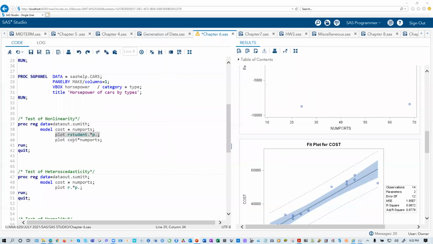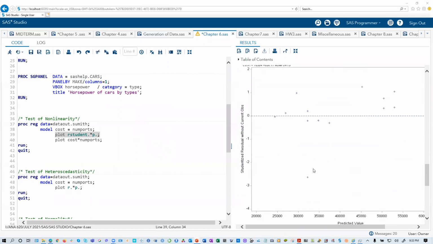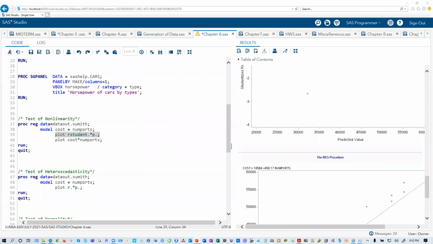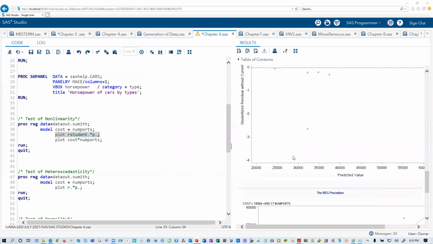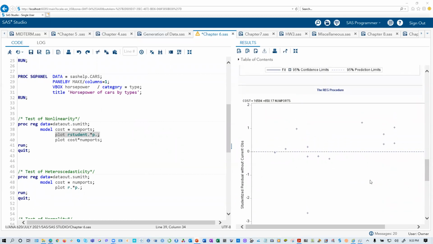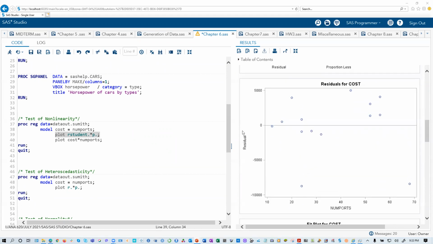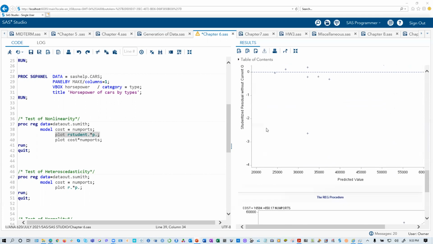What I did was add this one to get the predicted one as well, because with that one you can check both at the same time. If you use the predicted one, you can check the constant variance only, but it's similar to the residual versus x value. This is nothing but residual versus y hat.